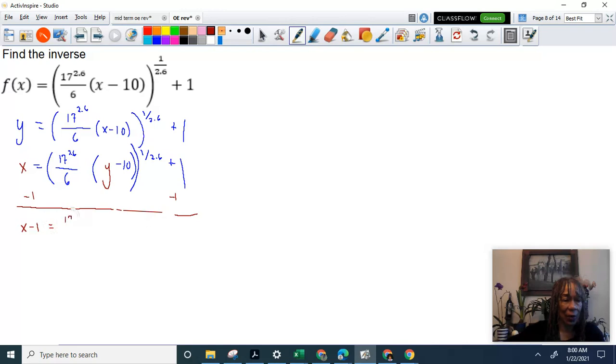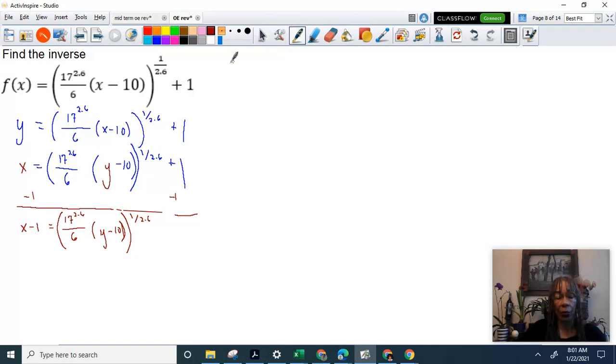Now here we have this quantity, 17 to the 2.6 power over 6, which we will be moving all in one piece shortly. Y minus 10, close parentheses, to the 1 over 2.6 power. Okay, got rid of the 1. And now we can't touch the stuff inside till we simplify, get rid of that exponent.